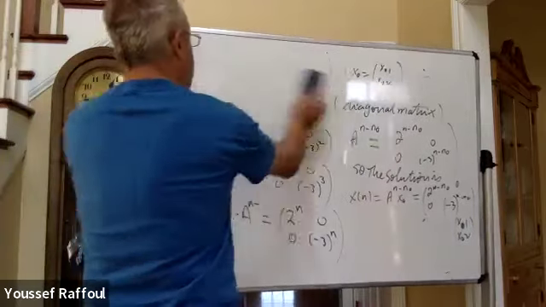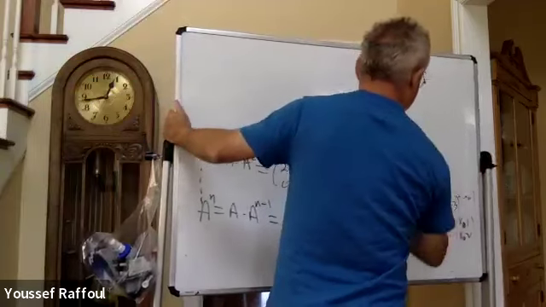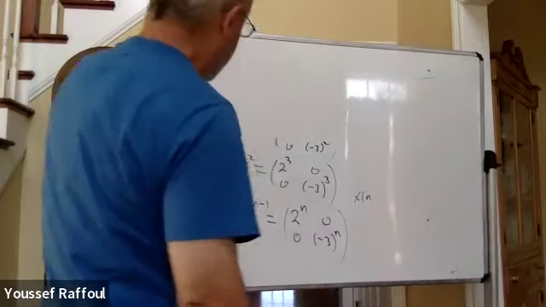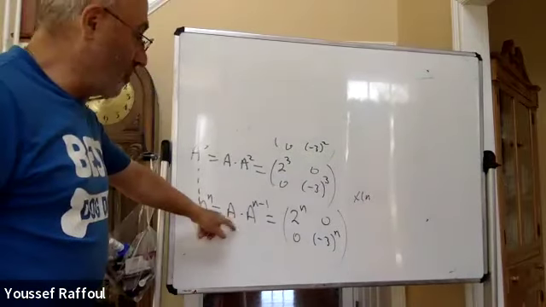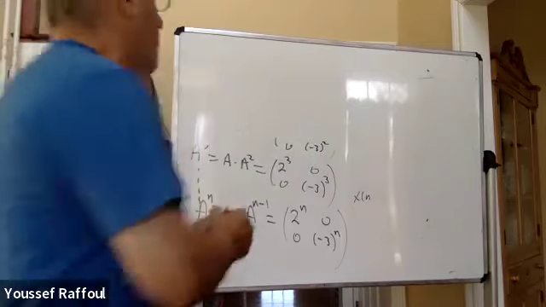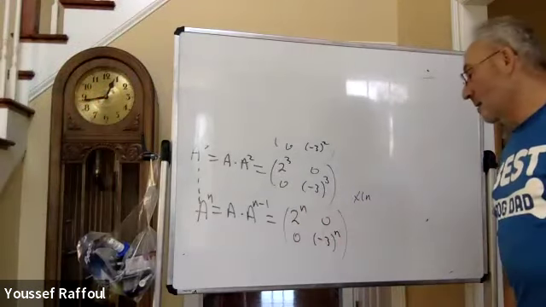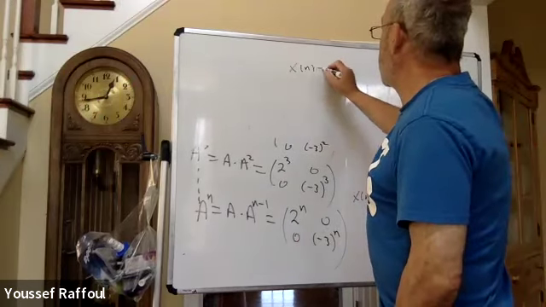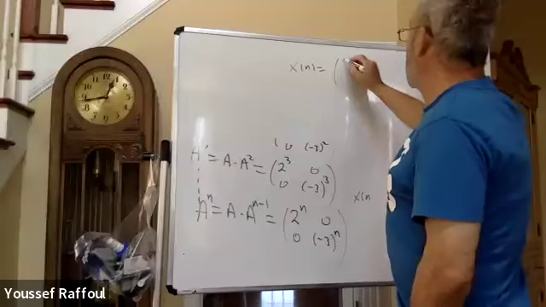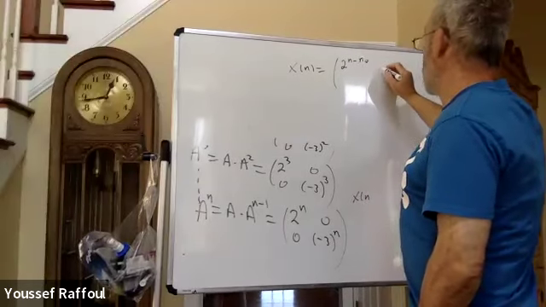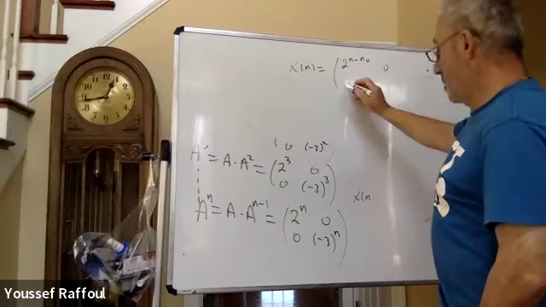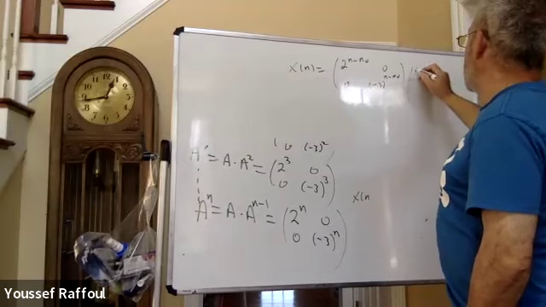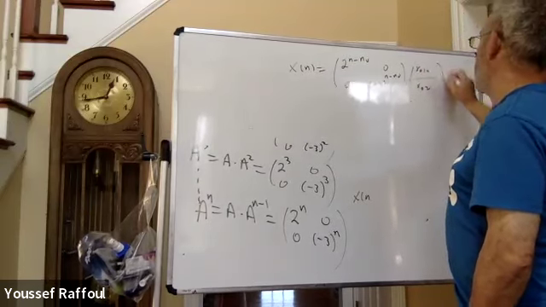Okay. Oh, by the way, from this one here, we have x_n equal to 2^(n minus n naught), 0, 0, (minus 3)^(n minus n naught), times x01, x02.